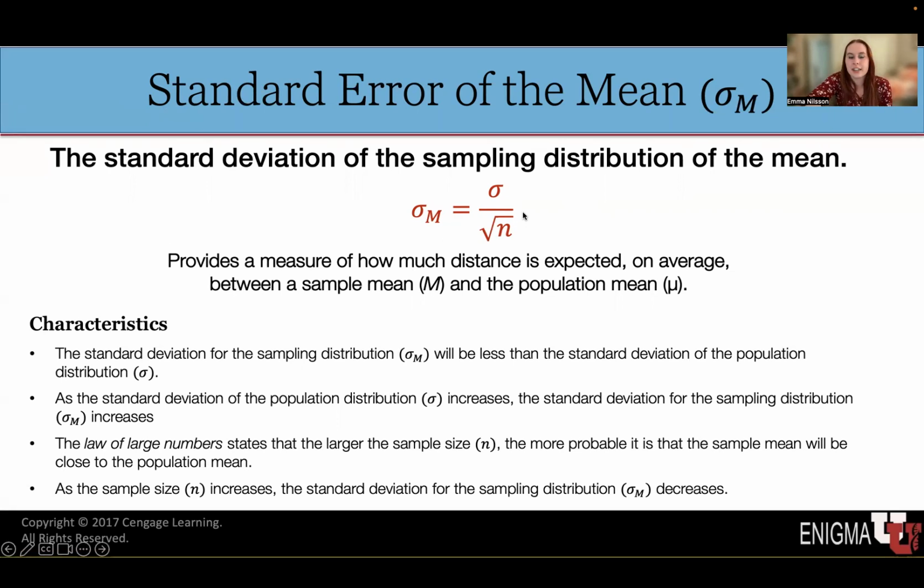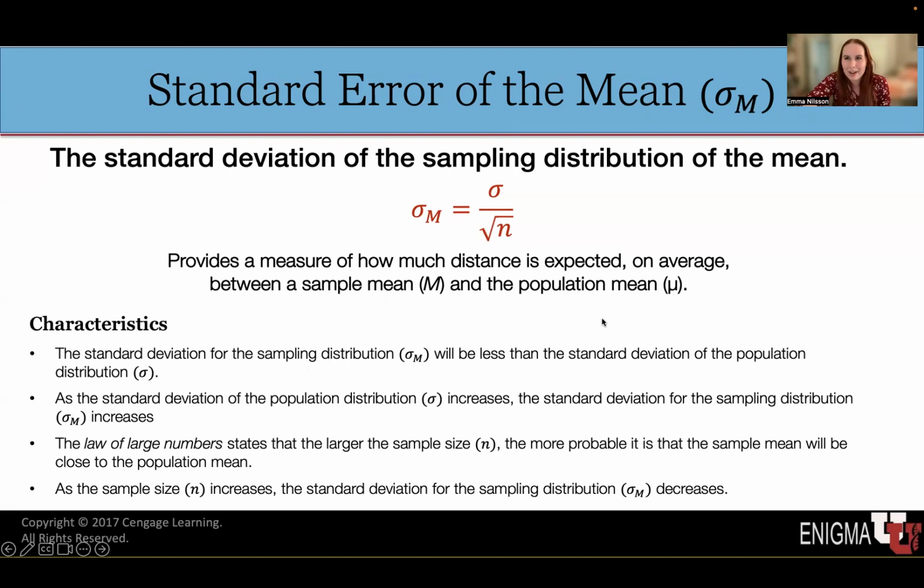Here is the formula for that, and we'll come back to this in a second when we're talking about some characteristics of the standard error of the mean. The first bullet point here says that the standard deviation for the sampling distribution, the standard error, is going to be less than the standard deviation of the population.